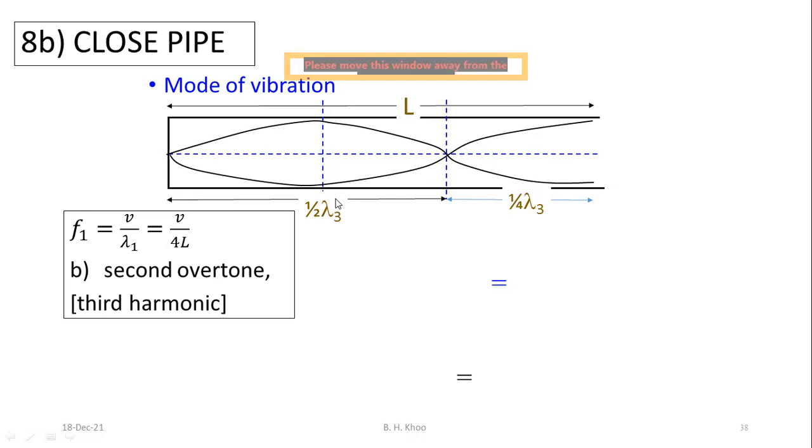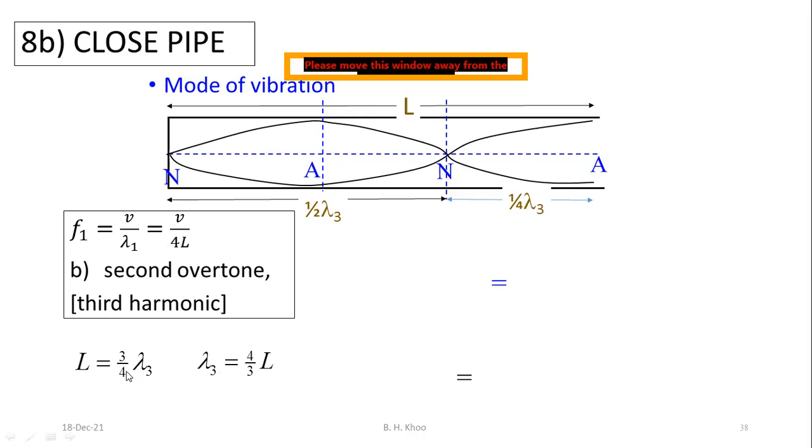Add it up, it is 3/4. This is an antinode, this is a node, this is an antinode. So your length L equals 3/4 lambda 3.